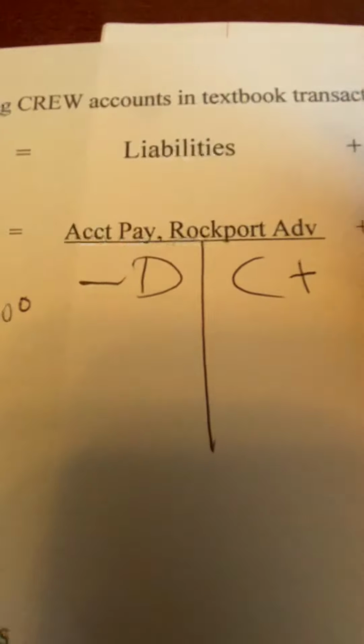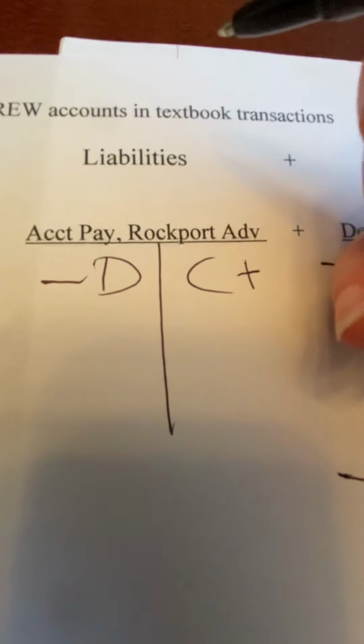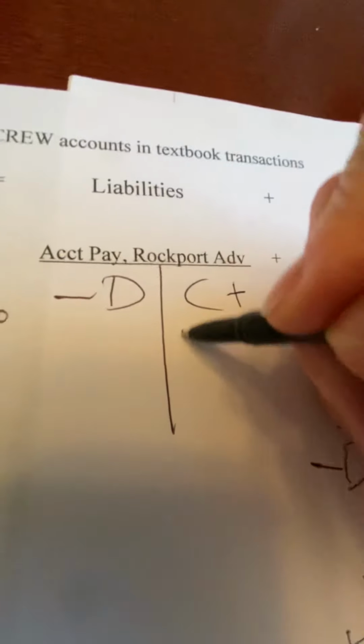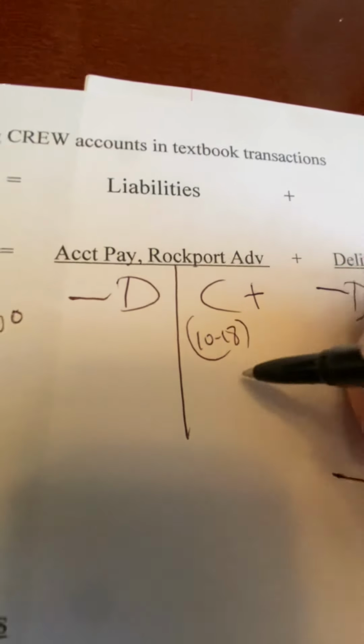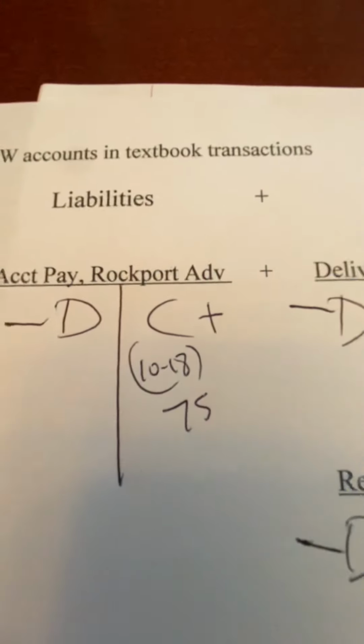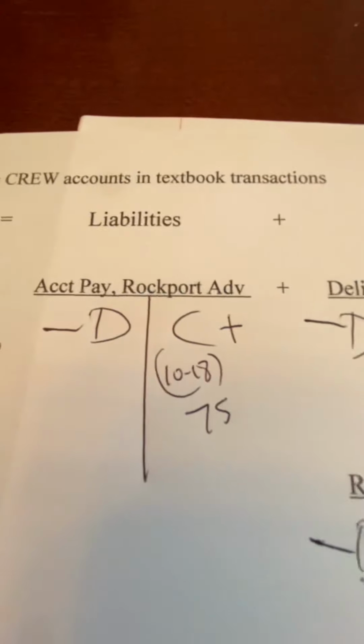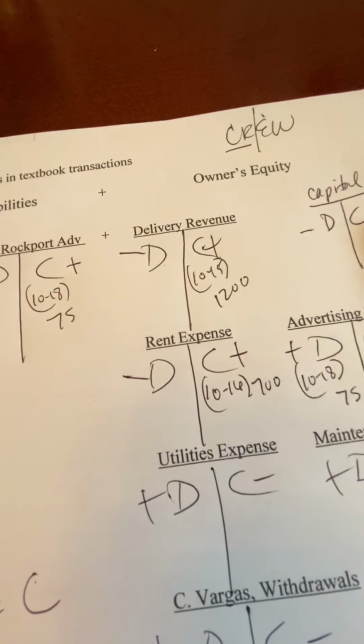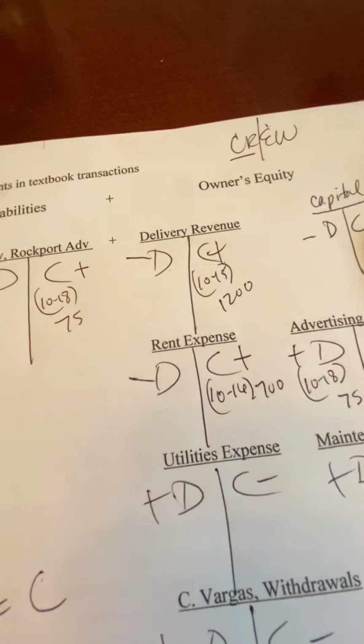And now I'm going to owe Rockport Advertising $75 later, so on the 18th, I now have a liability. Let me look at the other sentences.